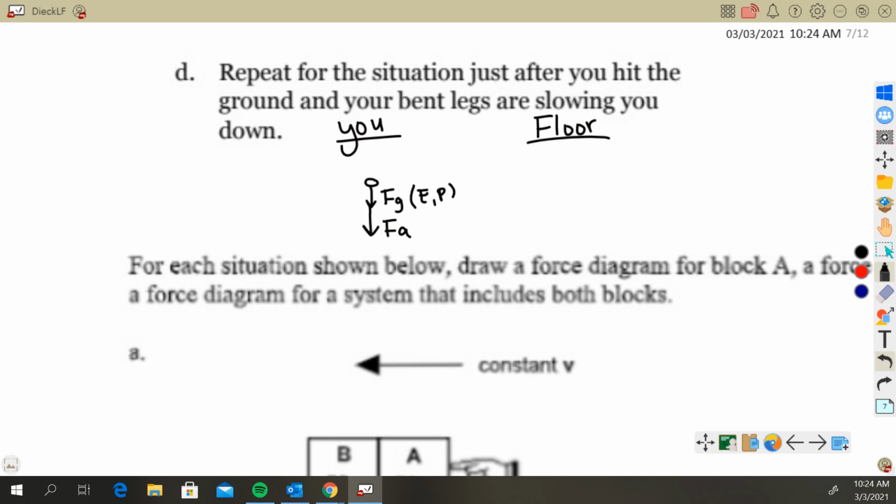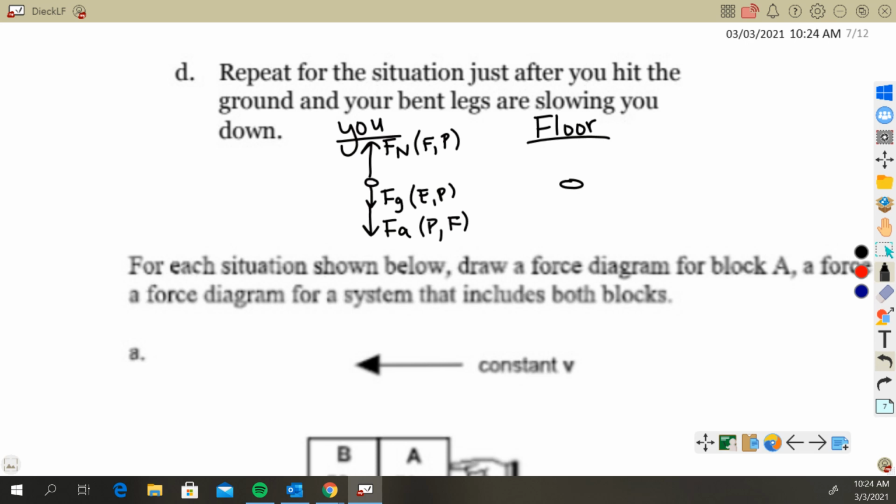We also have a normal force upward, dealt by the floor, felt by the person. The applied force downward will be dealt by the person, felt by the floor. Looking at the floor, what is the floor experiencing? The floor is to hold you up, right?